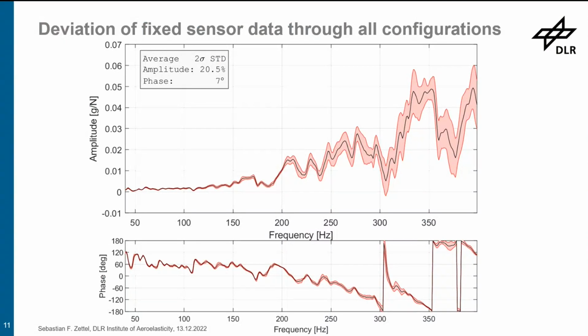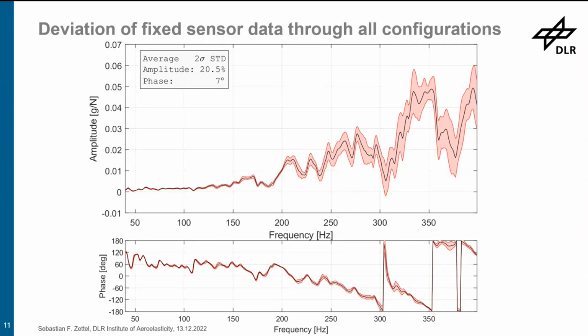The amplitudes deviation over the whole frequency range is about 20%. And at the bottom you see the phase plot, and over the whole frequency range, the deviation of the phases is about 7%. This may look bad at first sight, but it is to mention that our post-processing is heavily focused on performing modal analysis, which relies on having the best possible phase information, which, as you can see, is present.